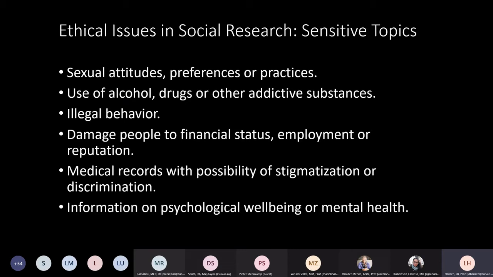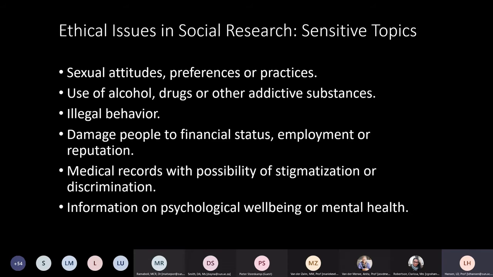With the onset of HIV and AIDS, we have had many studies that needed access to people's medical records that revealed their HIV status, and that caused a lot of problems. Anita will also tell you that this is a very important principle specifically in health sciences, because they work on a daily basis with people's medical records.